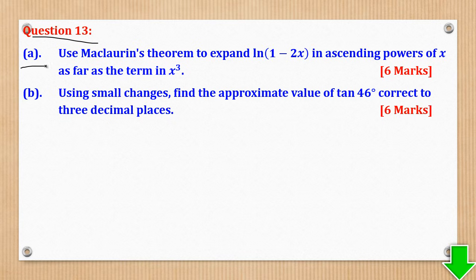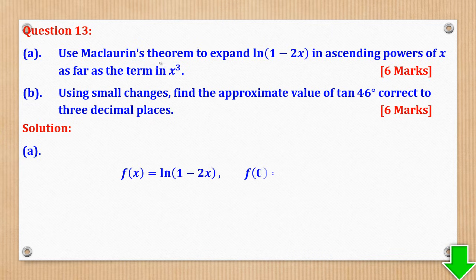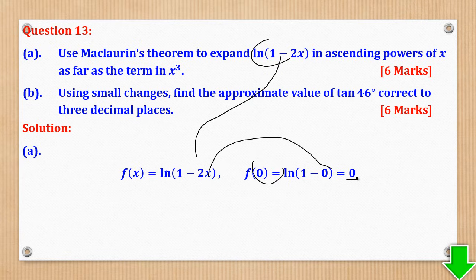So question 13, part A says, use Maclaurin's theorem to expand ln(1 minus 2x) in ascending powers of x as far as the term in x cubed. So let's begin with that. f(x) will now be equal to this, meaning that f(0) will be got by substituting 0 here to give 0.